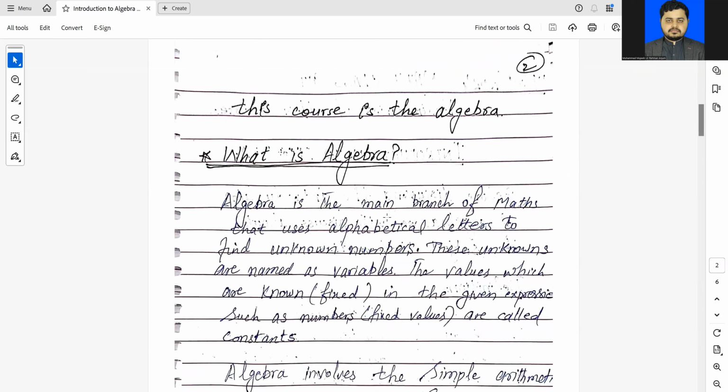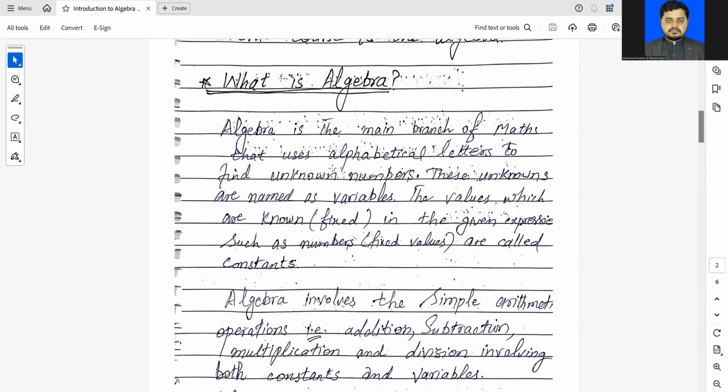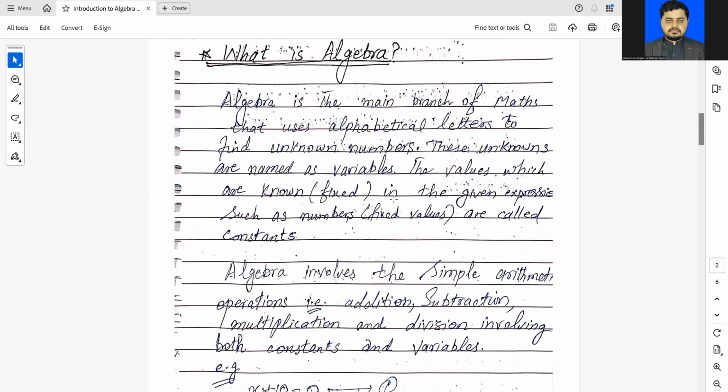Now, what is algebra? The basic idea of algebra is that it is the main or elementary branch of maths that uses alphabetical letters such as small a, small b, small c, and so on, capital A, capital B, capital C, and so on, to find unknown numbers.